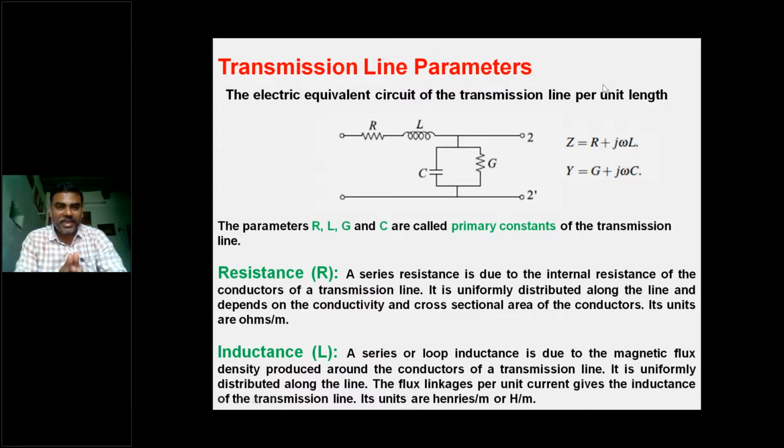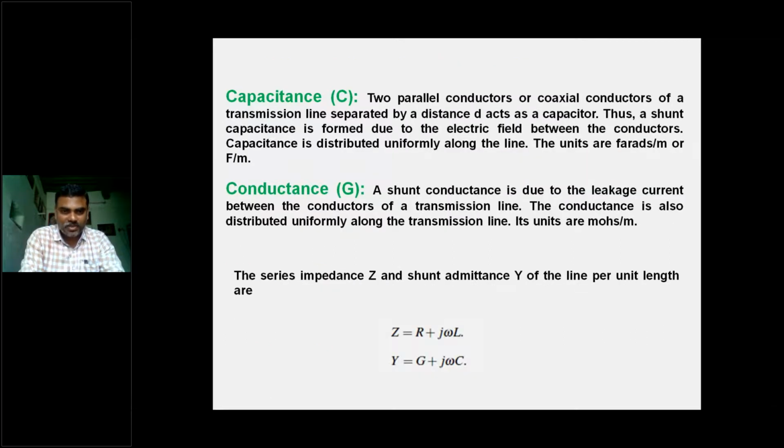Similarly, inductance is Henry per meter, capacitance is farad per meter, and conductance is mho per meter. So whatever the resistance, inductance, all those are measured over the unit length, and all these are cascaded to form the total transmission line.